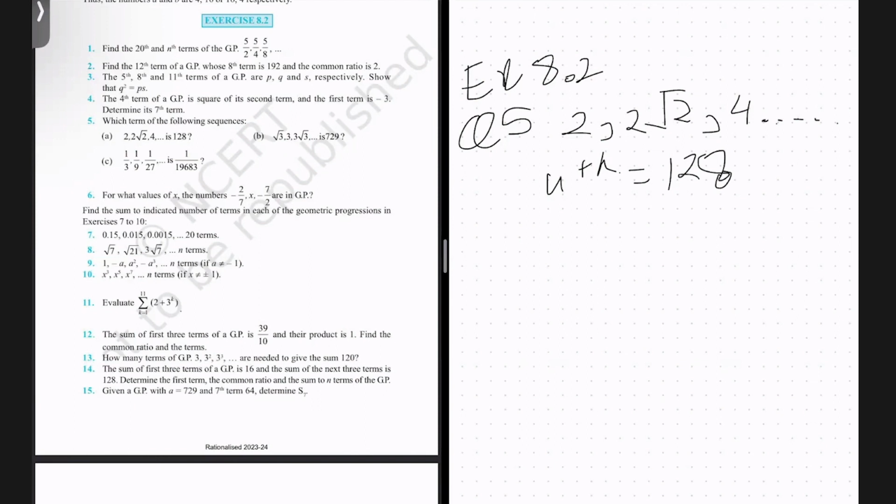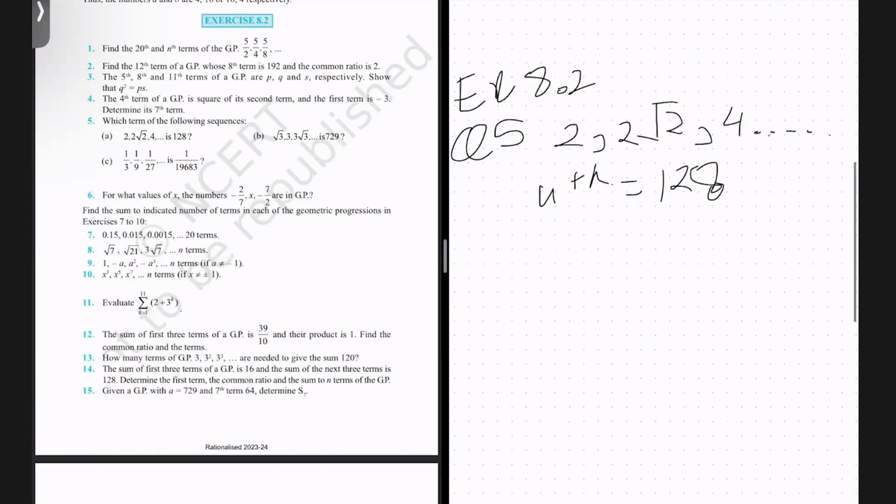As you can very obviously see, the common ratio between each of these terms is going to be root 2, because when you multiply root 2 to any term, you get the next term. So this is a very trivial GP which has a common ratio of root 2. Let us verify that mathematically and then solve the question.